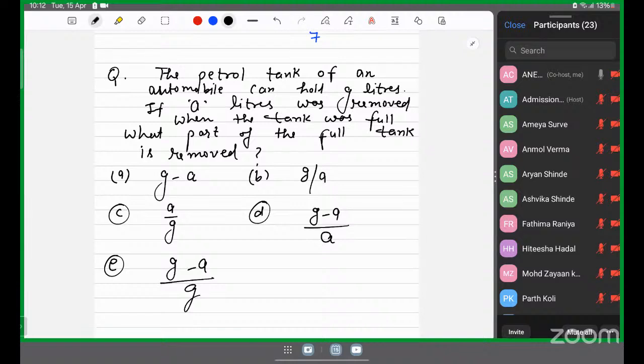What should be the answer to this? Yes. Question is, what part of the full tank is removed?